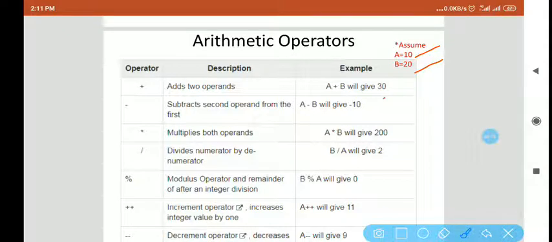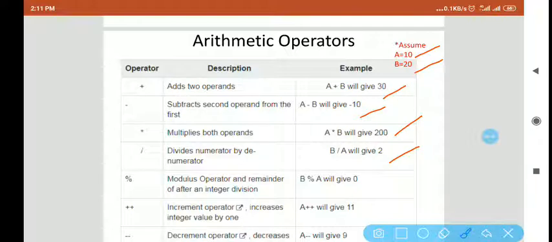For addition it gives result 30, a plus b, 10 plus 20, 30. For subtraction, 10 minus 20 gives result minus 10. For multiplication, a into b gives result 200. For the divide operation it gives result 2, b divided by a, 20 divided by 10.